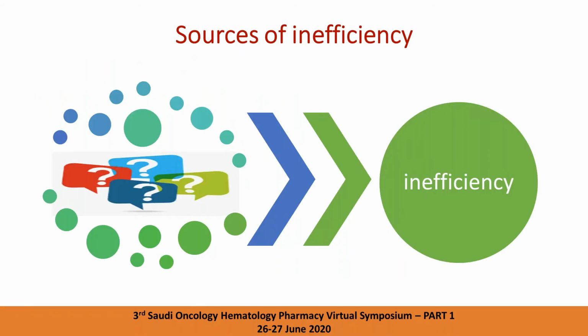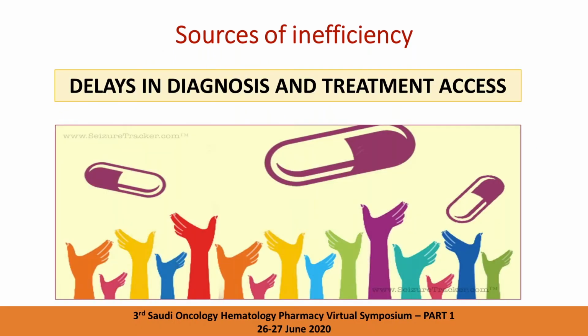So we will look at the different sources of inefficiency in the system, especially in cancer care. The most important is the delay in diagnosis and access, as the past few decades have seen considerable advances in the way cancer is diagnosed and treated, and yet with the growing prevalence of cancer and ongoing pressure on budgets, equal access to the latest advances and the affordability of these innovative treatments have become a challenge.